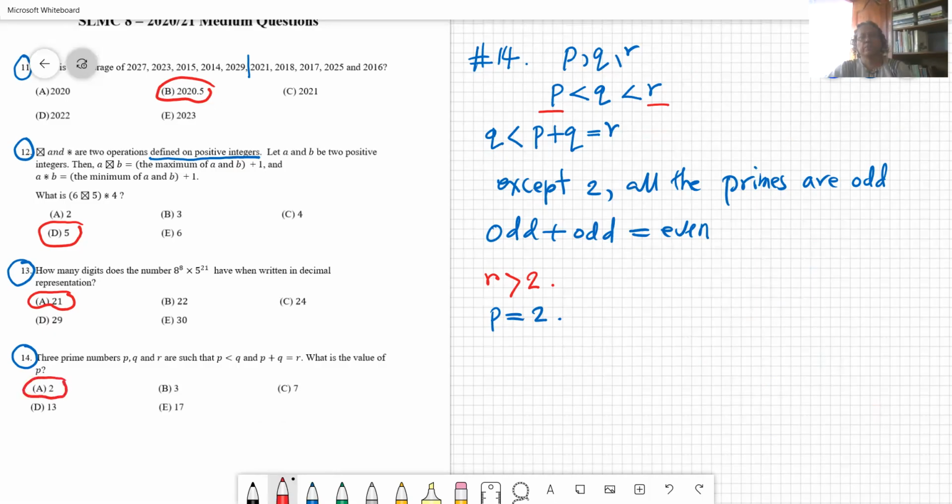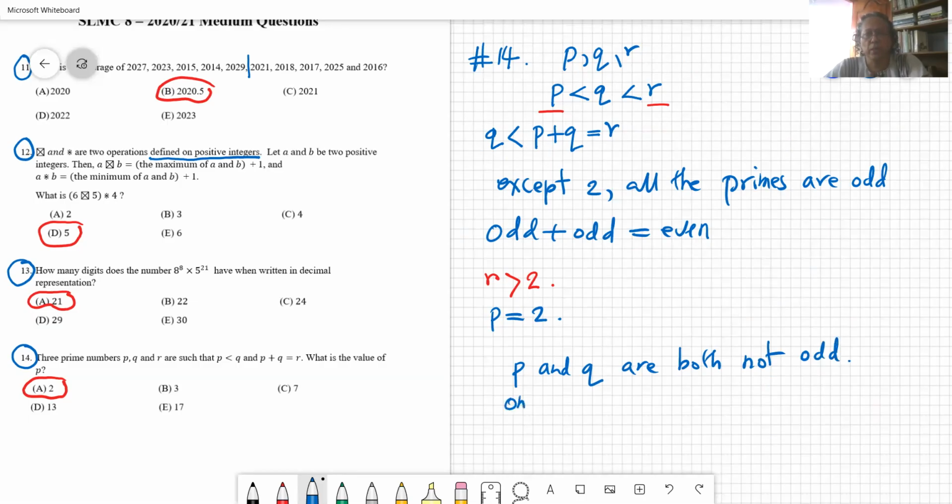All right. Now wait a minute. Why should P be equal to 2? Now, P and Q are both not odd, right? Both can't be odd, right?